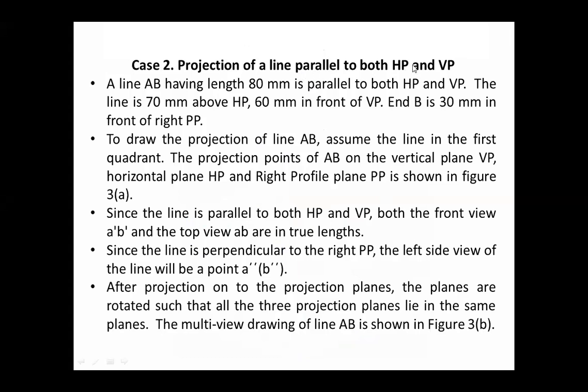Now, a line parallel to both planes, both HP and VP. This is the problem statement. When I read this problem statement, you draw the respective projections in your notebook directly. This is the definition of the line, how the line is situated, that is told to us. So the line AB has this much length, the length is given.